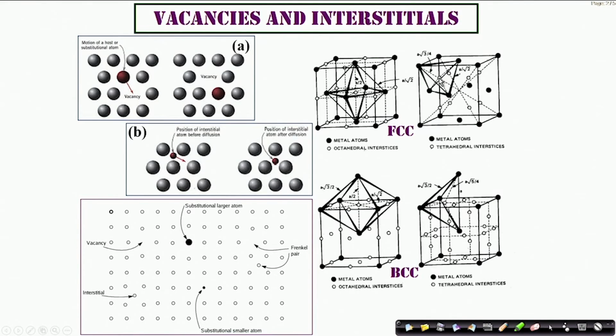Similarly, in an FCC crystal one can see a tetrahedral void, which essentially is located at the equivalent of 1/4, 1/4, 1/4 position, and is surrounded by 4 nearest neighbors and 4 planes. So this is called the tetrahedral void or tetrahedral interstitial site.